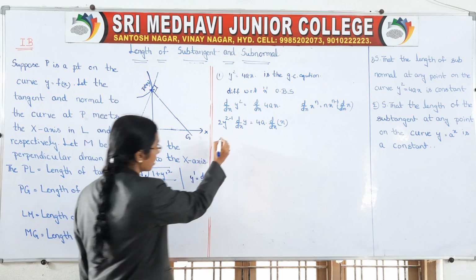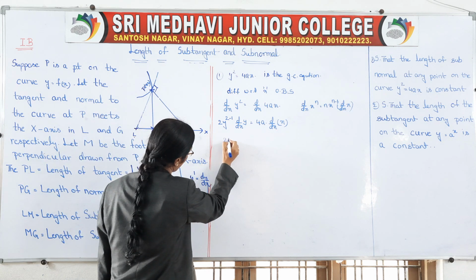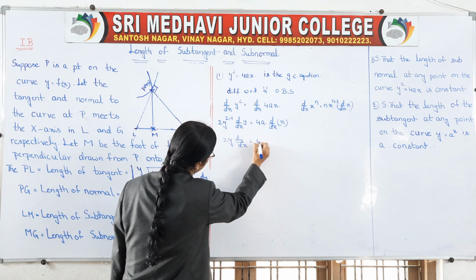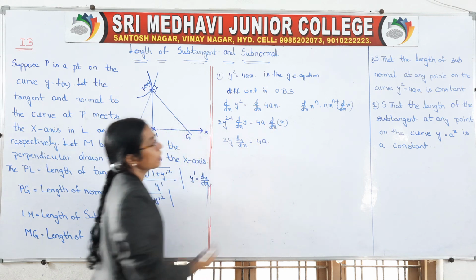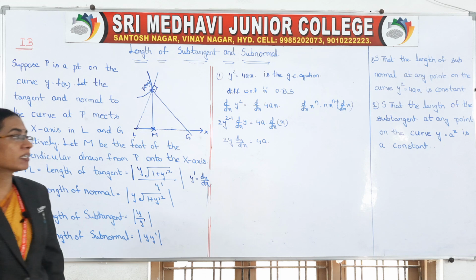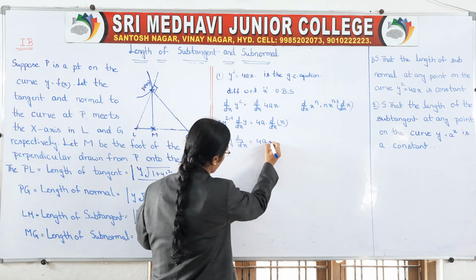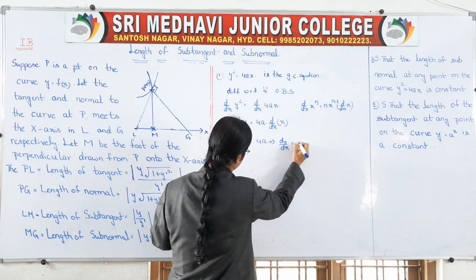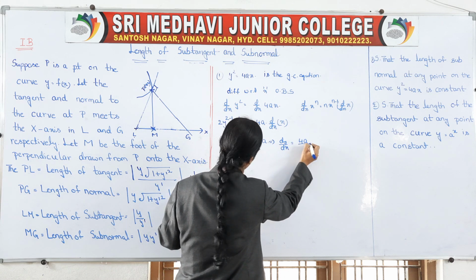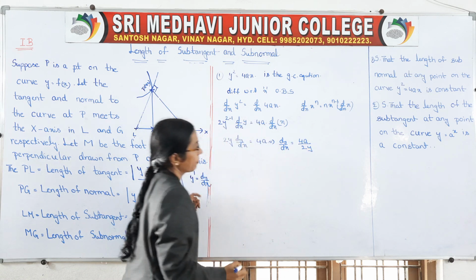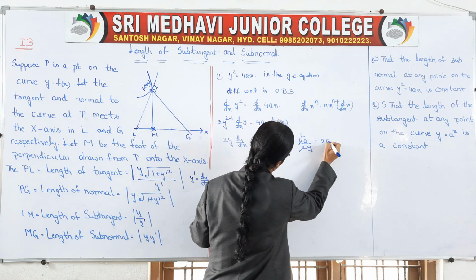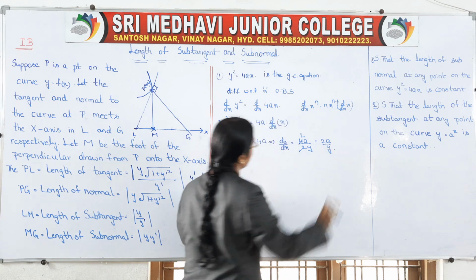So it is 2y into dy by dx is equal to 4a into d by dx of x, whose value is 1. So now you will have dy by dx is equal to 4a by 2y. So 2 ones are 2, 2 twos are 4, so it is 2a by y.